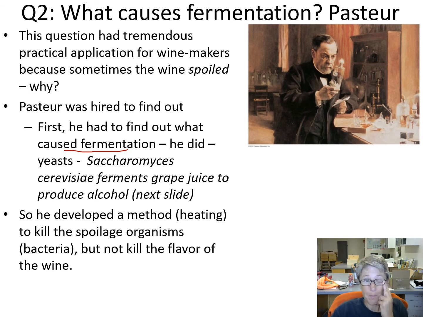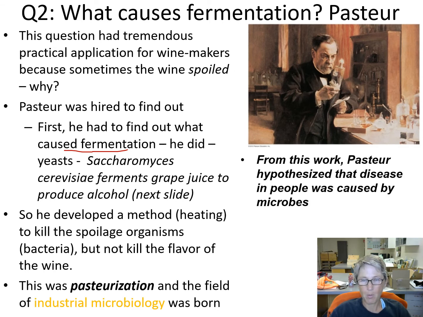So he developed a method that would kill the spoilage organisms, and he wasn't sure what they were, but they were bacteria, but not kill the flavor of the wine by boiling it. This was the first instance of pasteurization. The field of industrial microbiology was born.